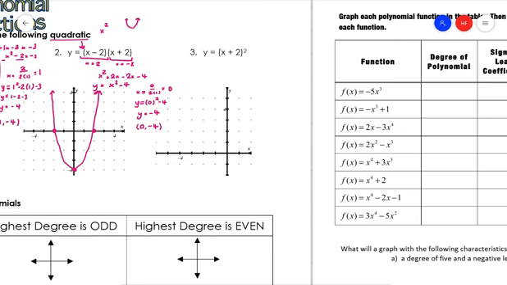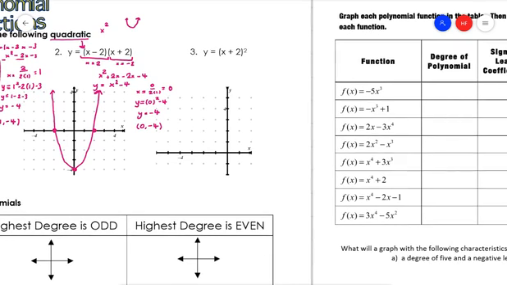This should be relatively familiar from when we graphed quadratics, and if it's not, that's okay. Just be sure to go back and look at any of those notes that you might still have to help you. So again, we have a positive, so it's going to be facing up.